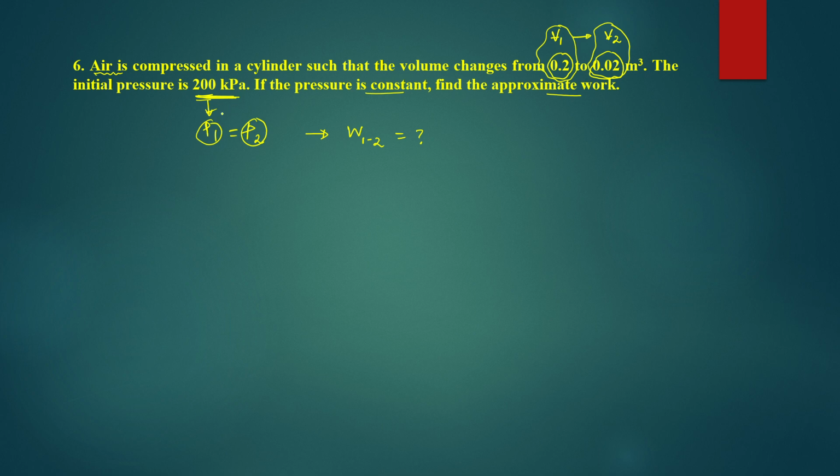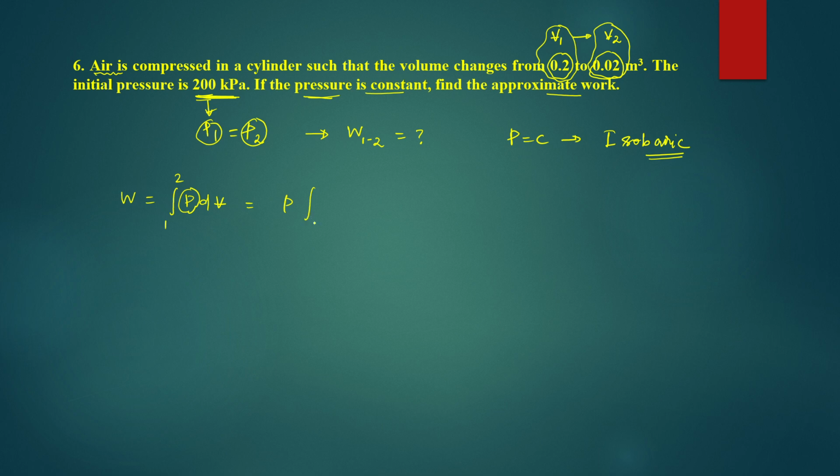And this is a process of constant pressure. Here the process is P equal to constant. This is your isobaric process. For an isobaric process, if we try to find out the work, we know W is equal to integration of P dV from state point 1 to state point 2, and if P is constant then simply we can take it out.